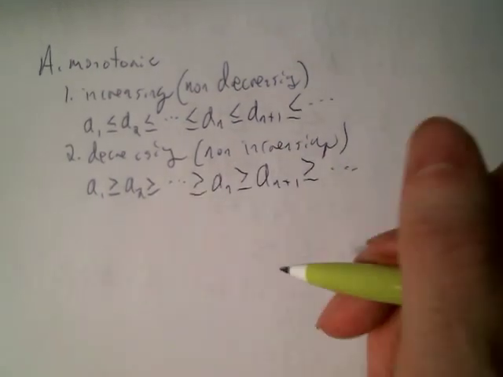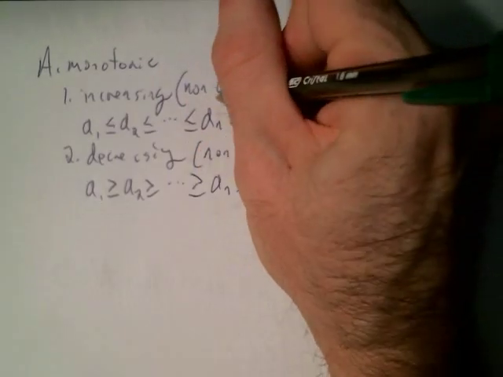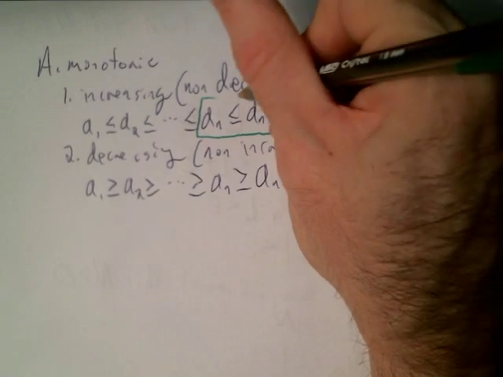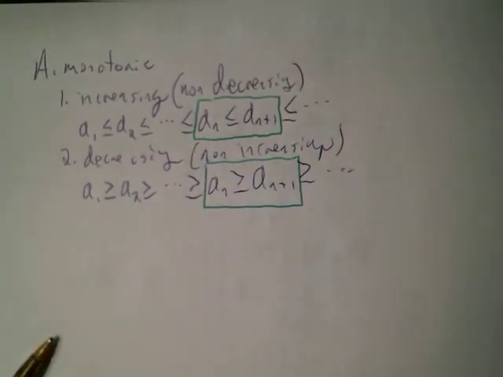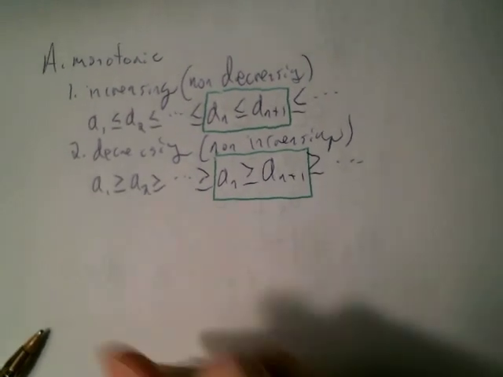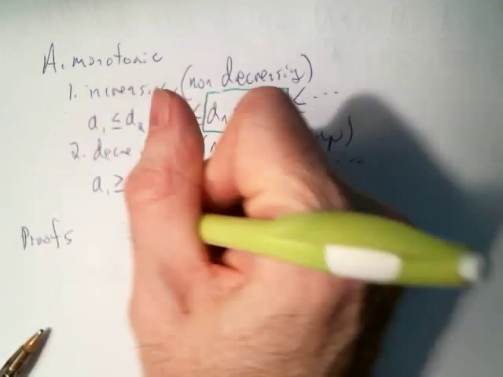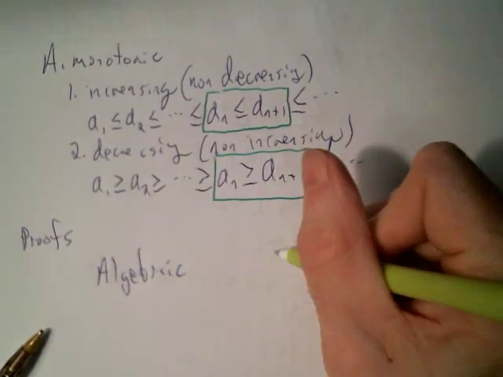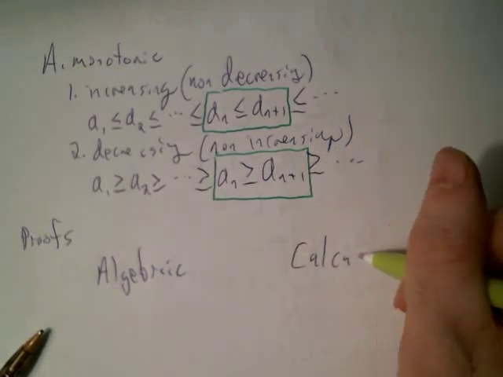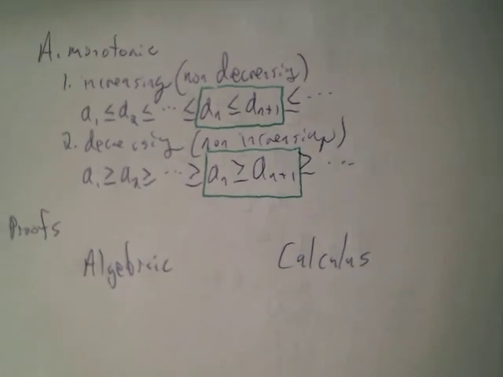Okay, so the proofs hinge on this part of the inequality right here, and then this part of the inequality. At least the algebraic proofs do. Okay, so there's actually two types of proofs. The algebraic types, and then the calculus types, where you look at the derivative of the corresponding function to the sequence.